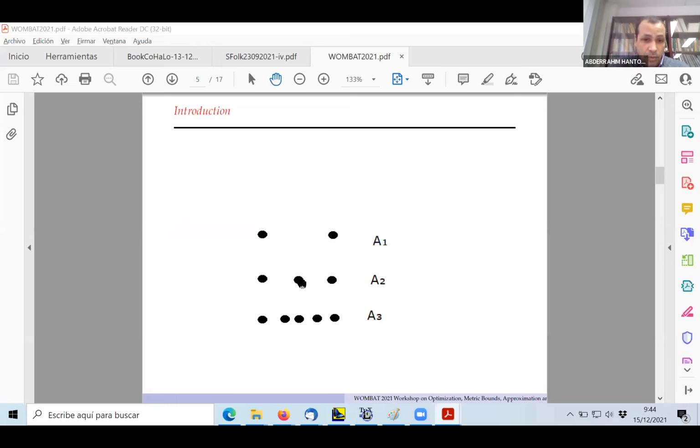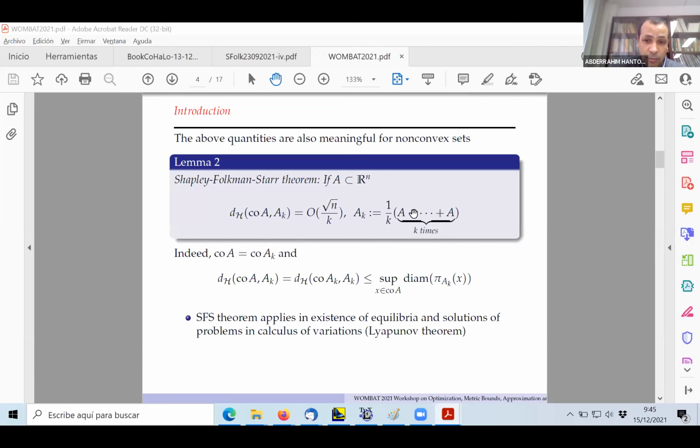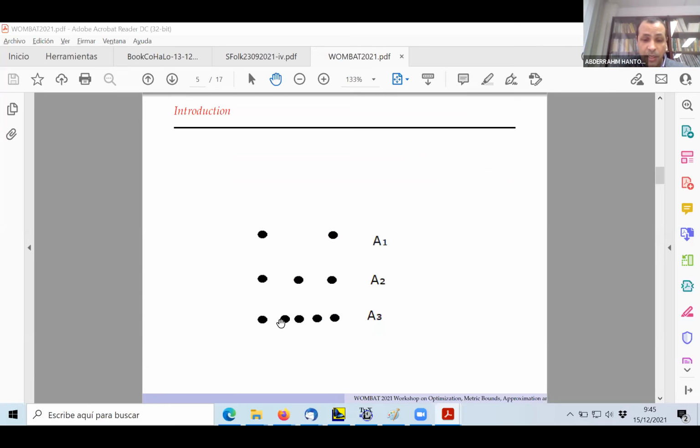So this exactly gives us what the operation does. It adds one element, the element of the middle, to this set. A3 is the sum of A three times over 3. Here I just put 4 or 5 points, but actually it may be more.